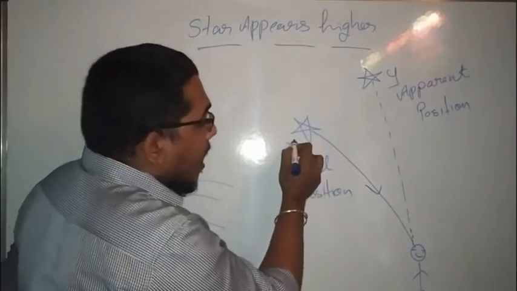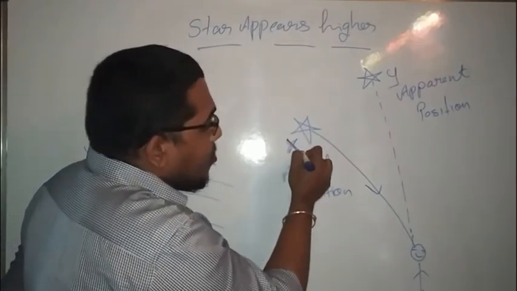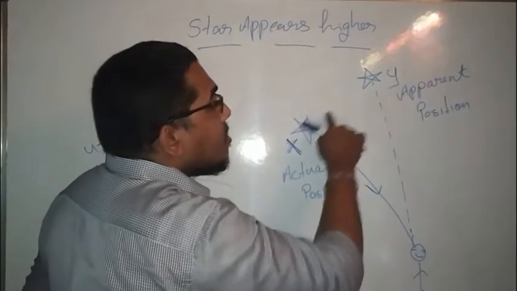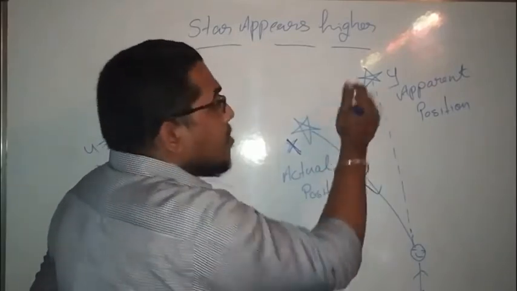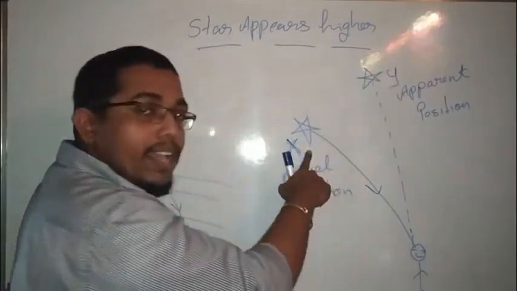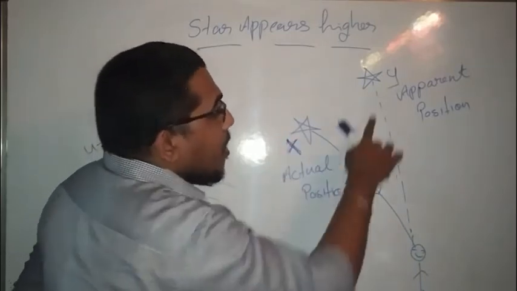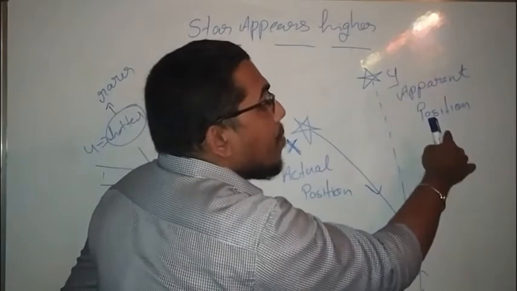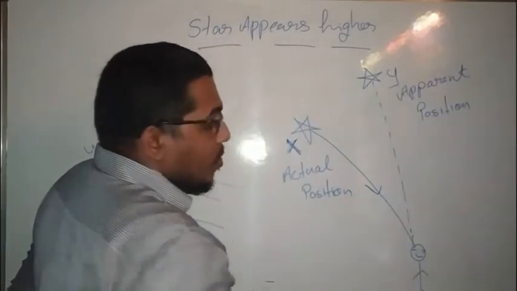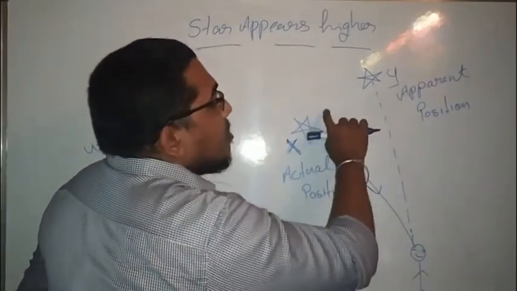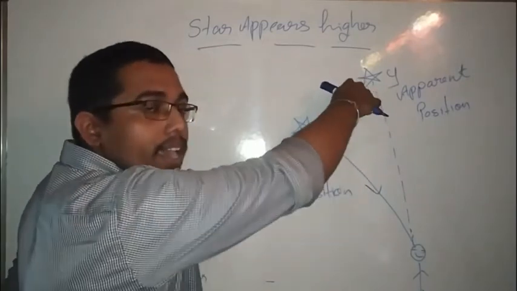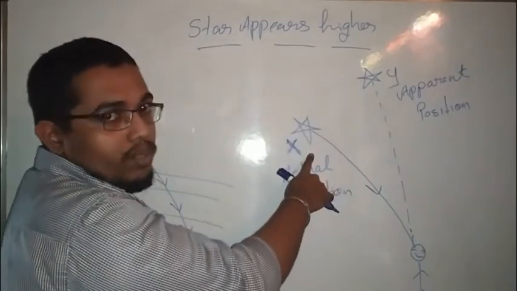Actually X is the actual position, but the person sees the star at Y, slightly higher than the actual position. So X is called the actual position and Y is called the apparent position. We are always seeing the star slightly higher than the actual position.